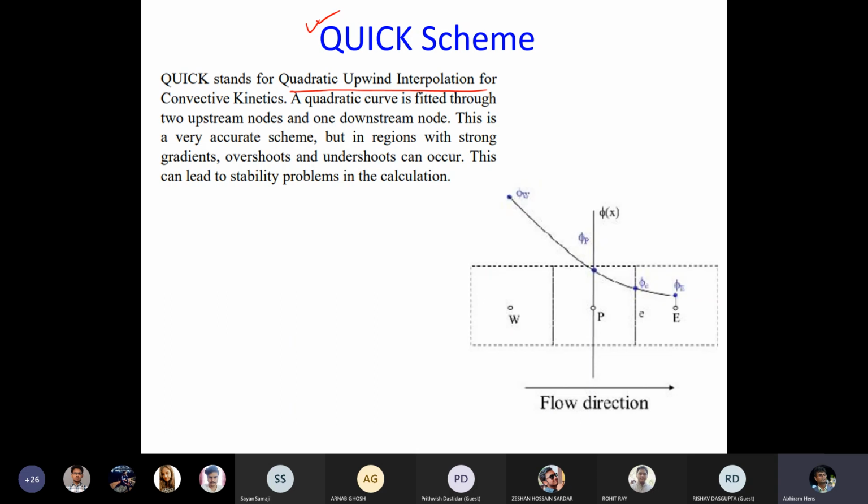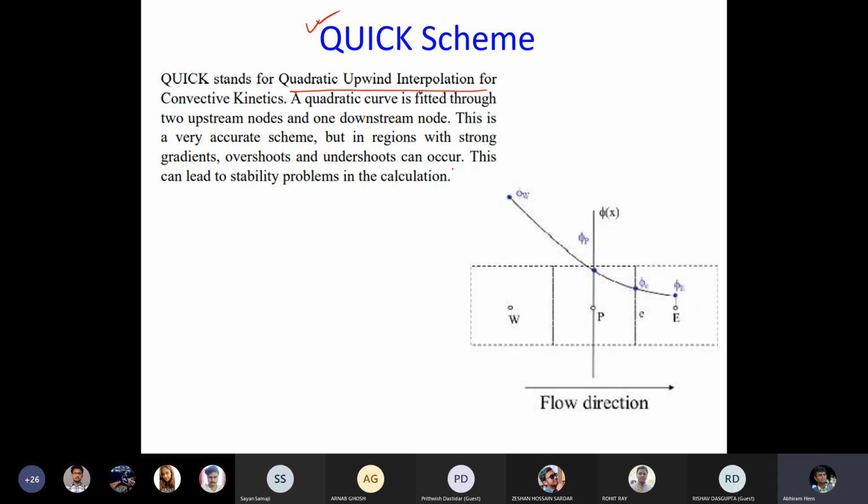In whatever examples we were studying so far, those were conductive problems: steady state conductive first, and unsteady conductive today. But the moment convective terms come, these interpolation schemes become important. So we need to identify what quadratic upwind interpolation for convective kinetics is.